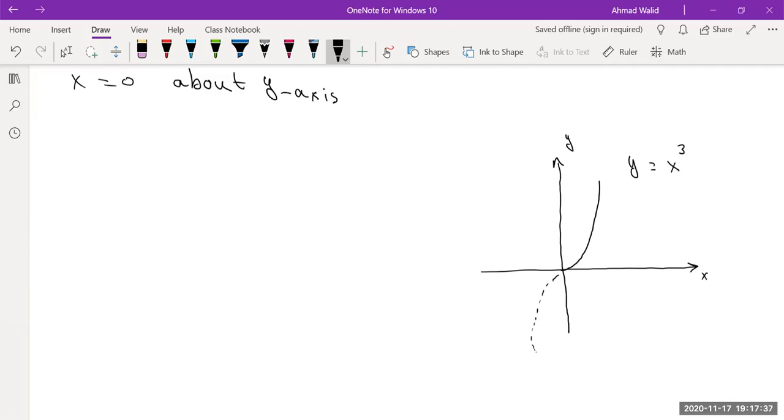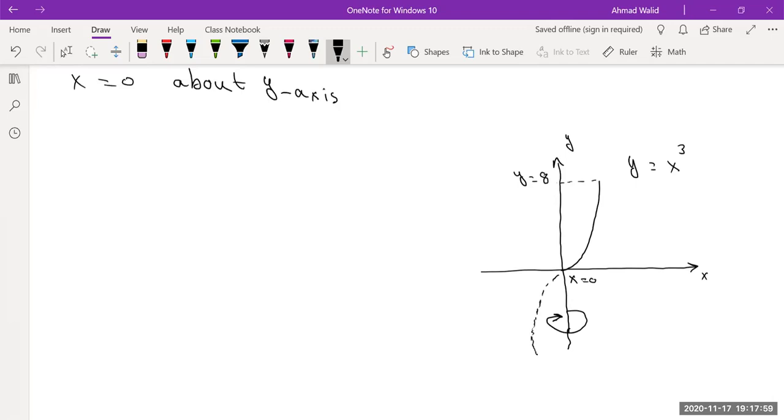Why didn't I put the other part? Because the bounds are given to me from x equals 0 to y equal 8. Now you rotate this shape around the y-axis like this.